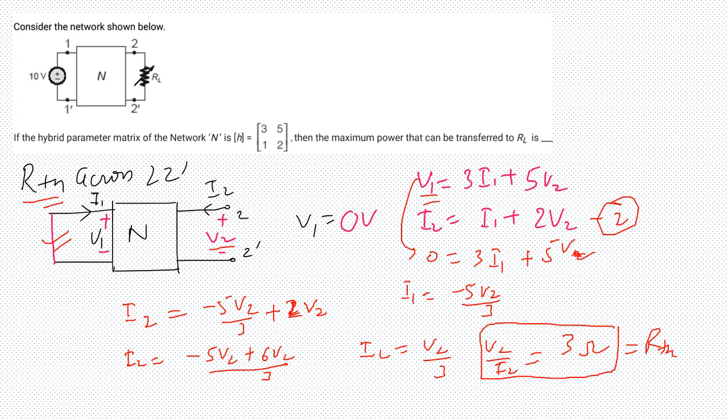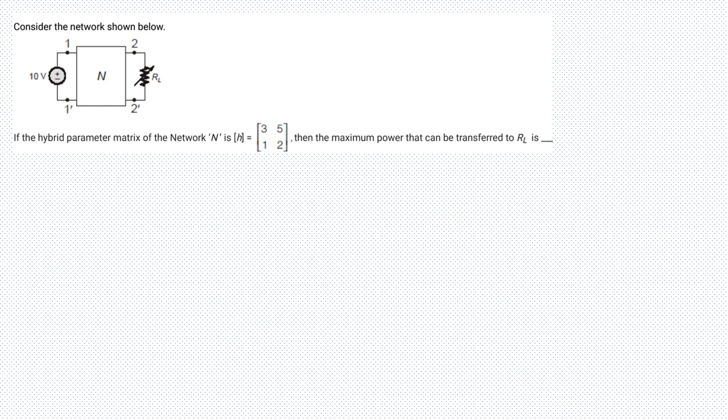Now I have my VTH and my RTH. I need to find the value of RL such that maximum power flows across RL. So now I'm drawing my Thevenin equivalent. This is VTH, which was minus 10 volts; I am just reversing the polarity.